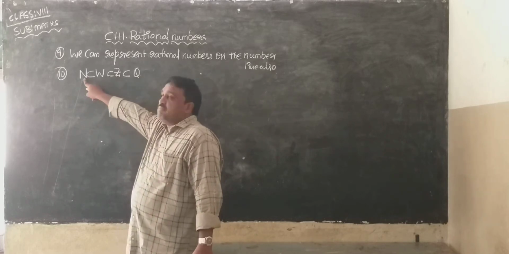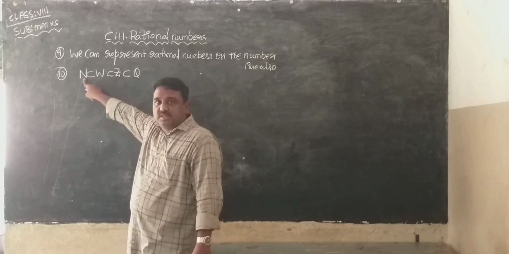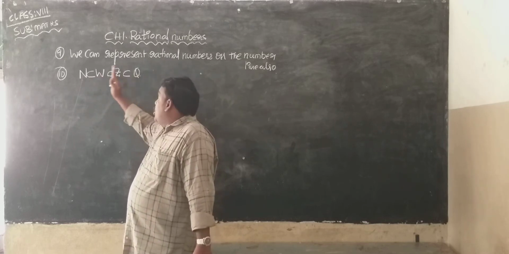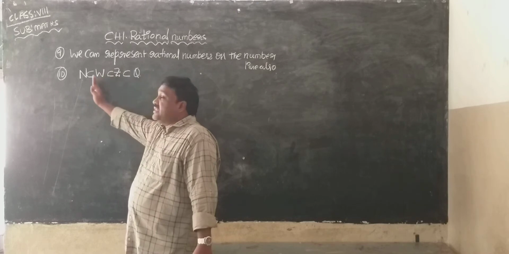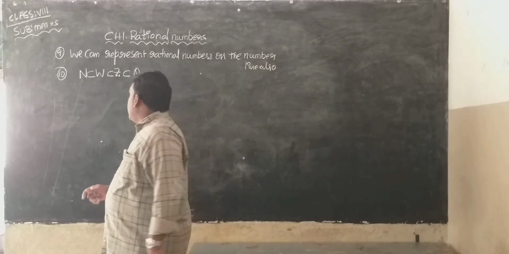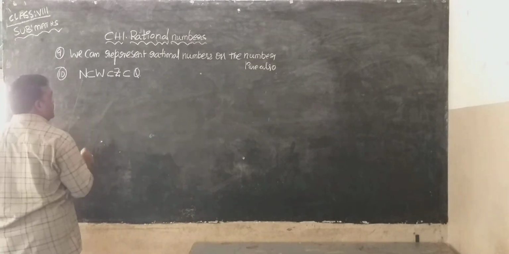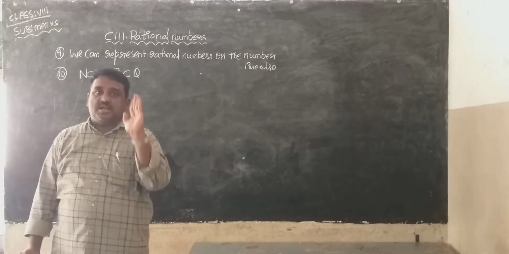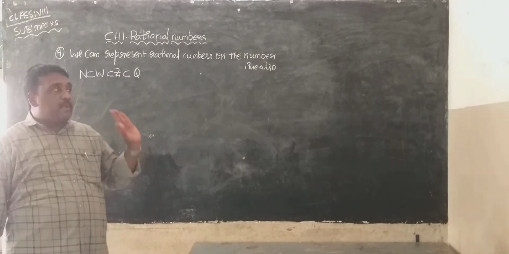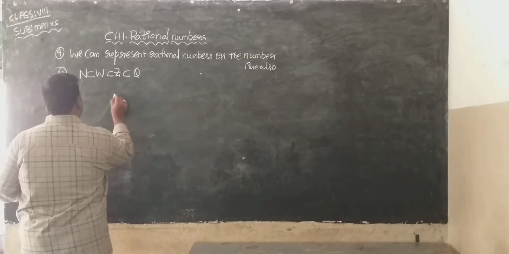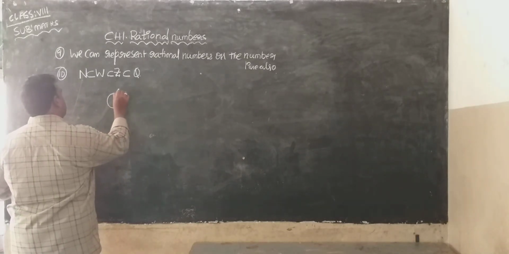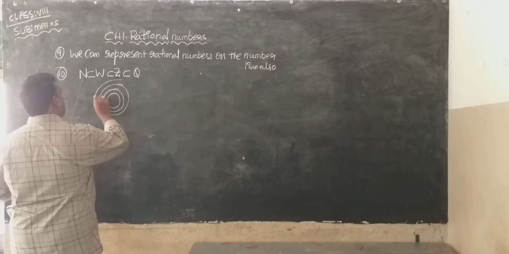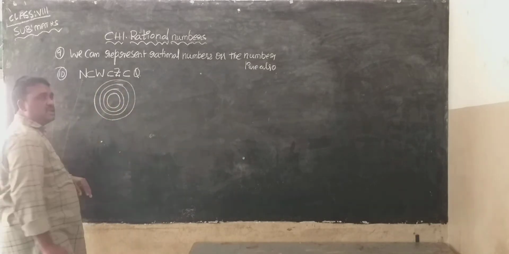So which one is small? Natural numbers. Which one is big? Rational numbers. Whole numbers and integers lie between them. And how do we represent N subset W subset Z subset Q using a diagram? Draw 4 circles.